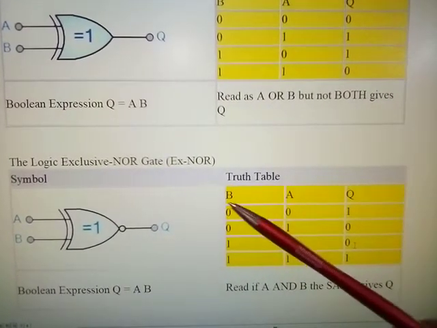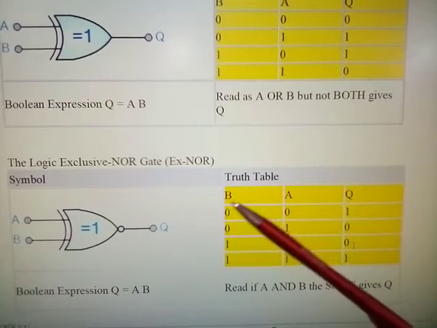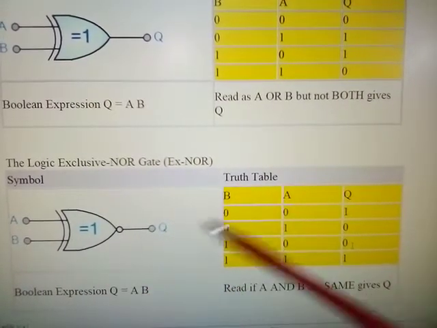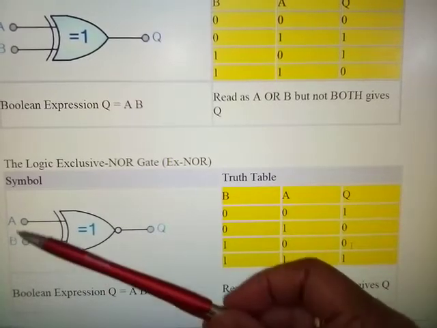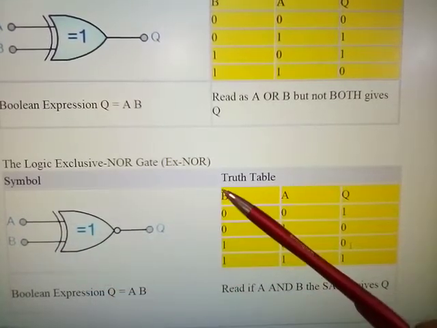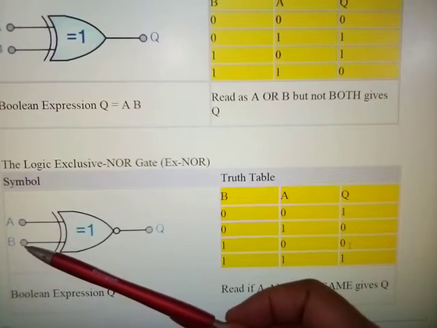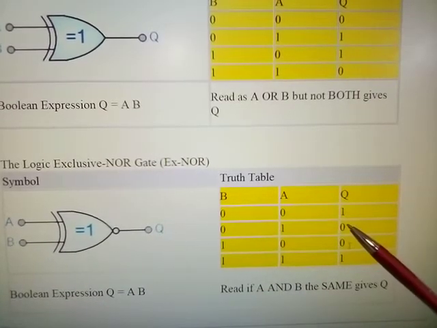Now look at the truth table. If A and B are at 0, you get a 1 output. If A is at 1 and B is at 0, you will get a 0 output.